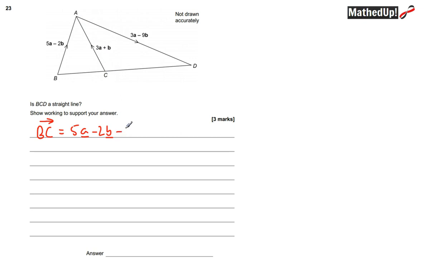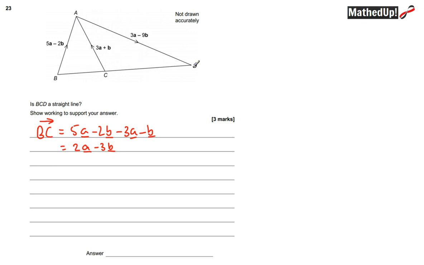So we're going to take away 3a take away b, and it's take away because we're going in the opposite direction of that vector. So BC is going to be equal to 5a take away 3a, which is 2a, and negative 2b take away b, which is negative 3b. So we've got 2a take away 3b.